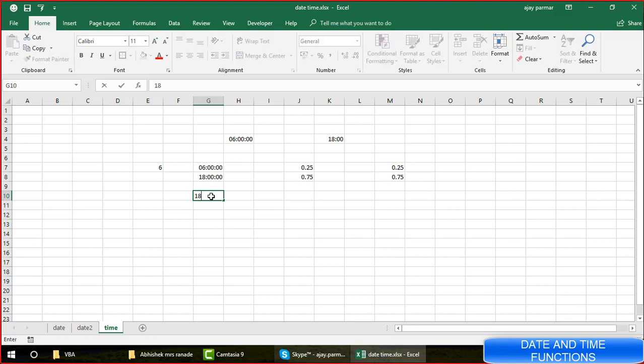Now what if you want to check what 18 hours 30 minutes is going to be? What would be the contribution? In the General format, I'm telling you these things so that you never get confused in doing the calculations. Otherwise, you're not going to use these things in your day-to-day life.